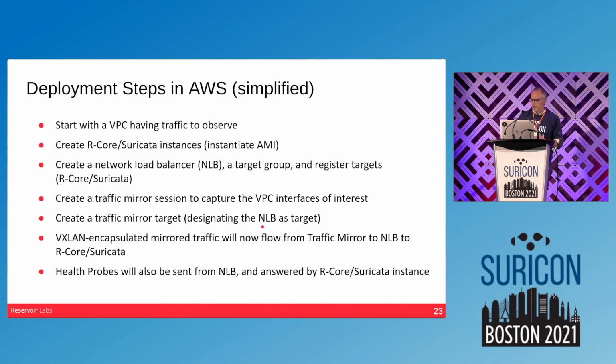Typically, what the cloud does there is create a tunnel using VXLAN and forward that traffic to the NLB. So the VXLAN encapsulated mirror traffic will flow from the traffic mirror to the NLB, and then from the NLB it is sent to the Suricata instances in a load balanced fashion. Then the health probes are running in the background, monitoring if the instances are alive and so on.